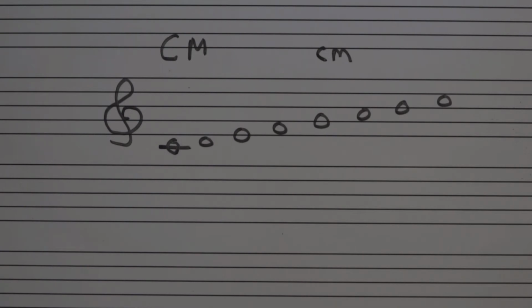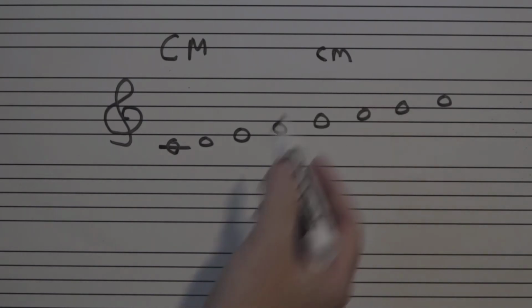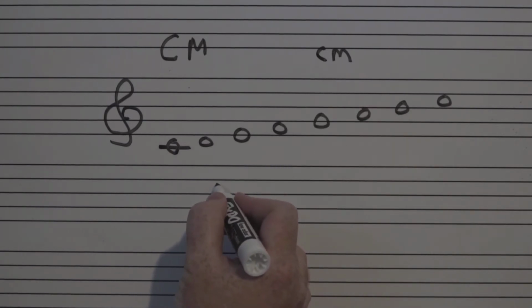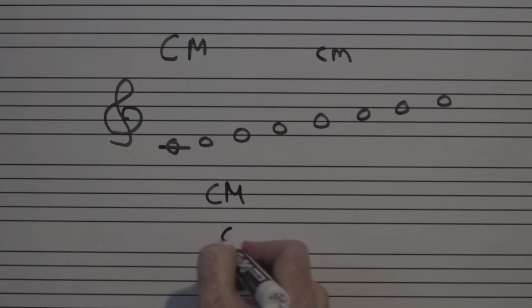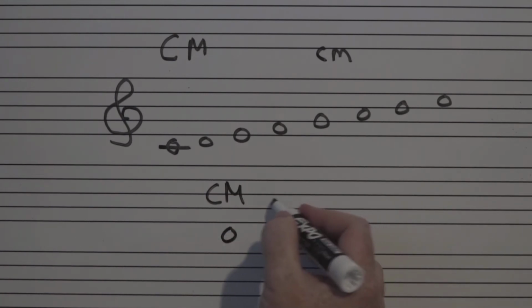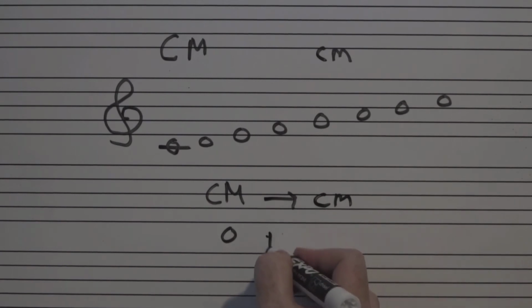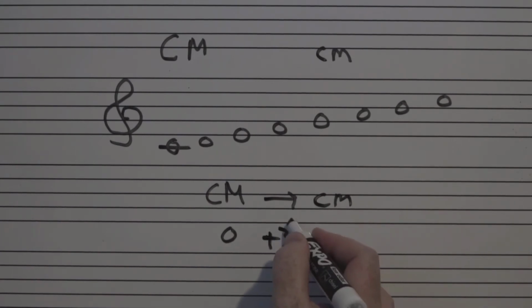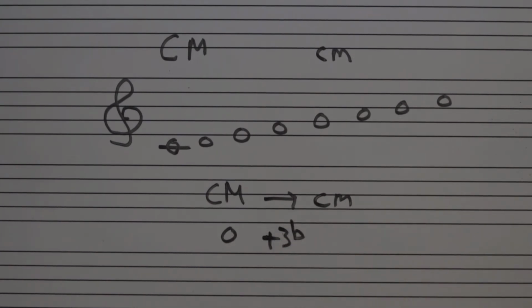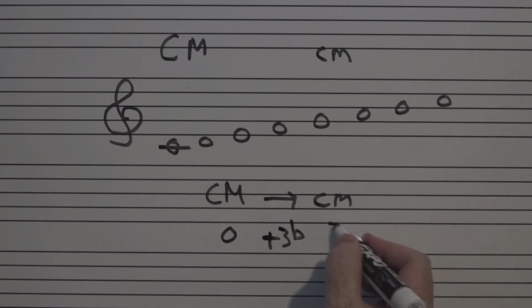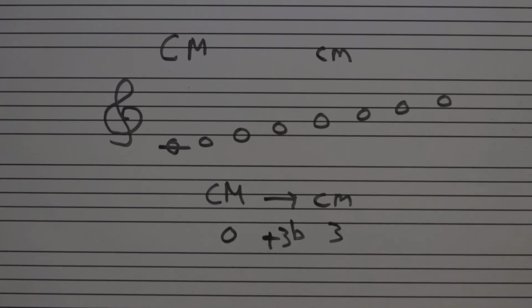And so that's how we are going to find our minor scale. C major has no sharps or flats. To get to C minor, we add 3 flats. So C minor will have 3 flats.